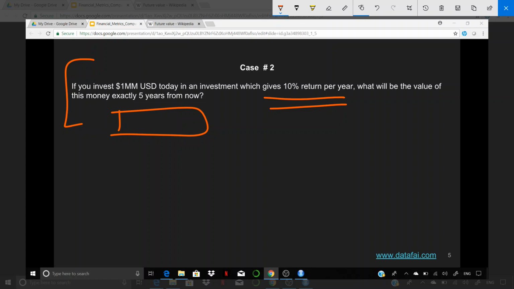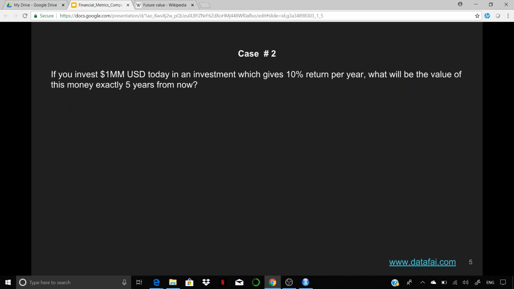The annual return is 10%, and we want to find out the value of this money 5 years down the road.